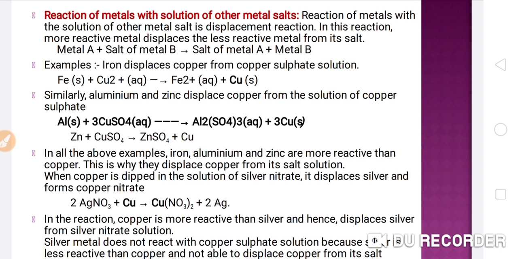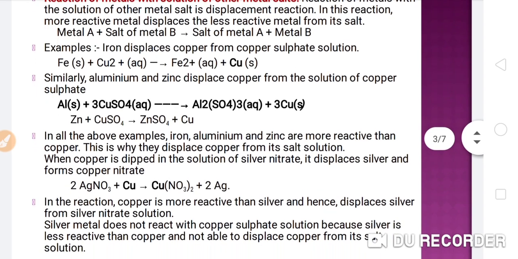In all the above examples, iron, aluminium and zinc are displacing the copper from its salt solution.